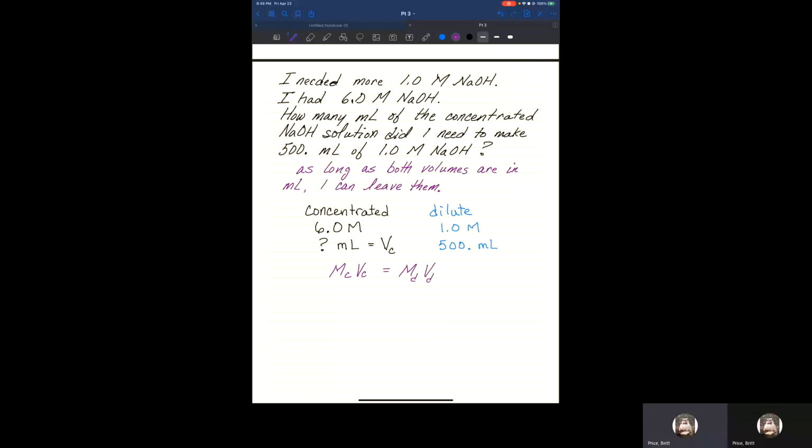C for concentrated, D for dilute. I know that I have 6.0 molar, and I'm after the concentrated volume. And I know that has to be equal to 1.0 molar times 500 milliliters.